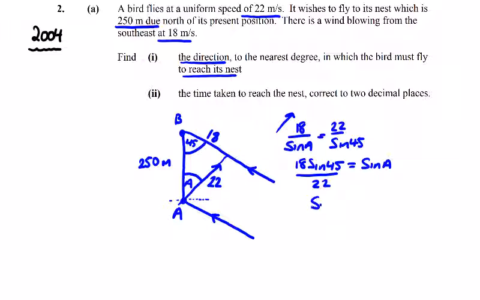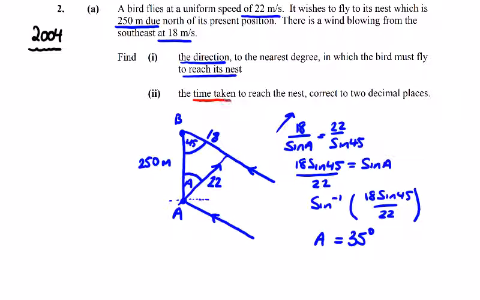To get A, we take the inverse sine of 18 sine 45 over 22. So A is equal to 35.35 degrees, and to the nearest degree, 35 degrees for A.